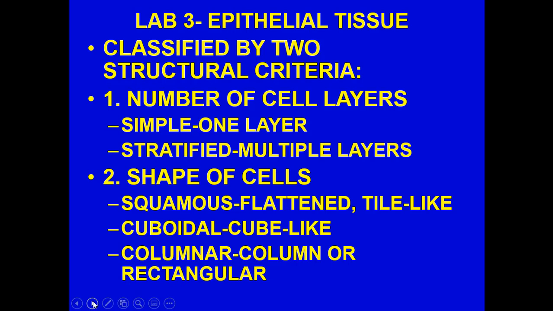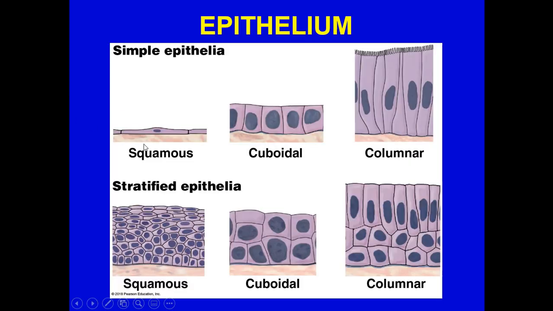Keep in mind that that's room for organelles to be doing certain biochemical functions. Here's an example here in the diagrams of squamous, cuboidal, columnar. Notice that in columnar, the nucleus is somewhat oval shaped, almost elongated to fit into the space of the column. This is under simple epithelia.